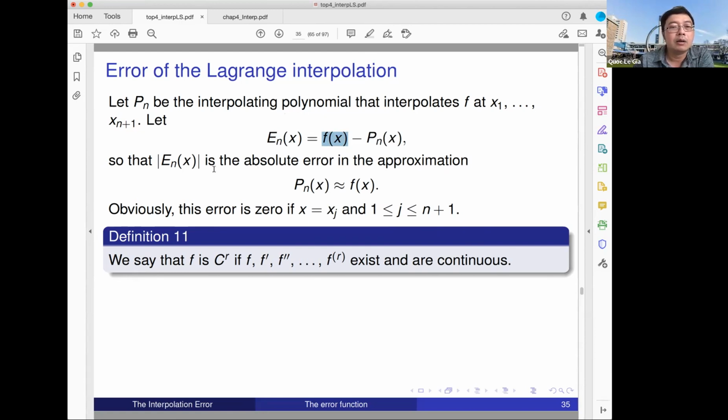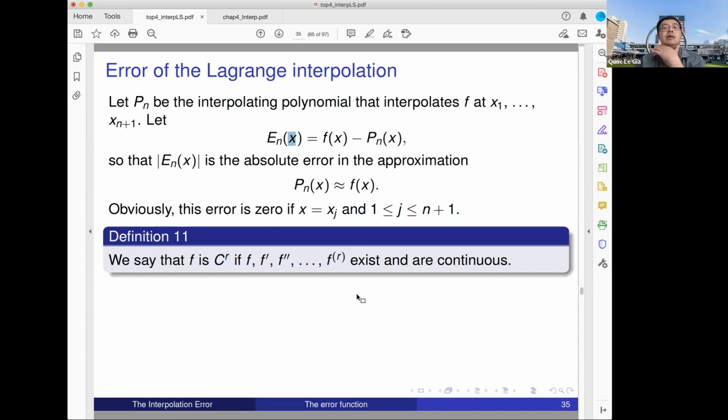If you can estimate En in absolute value, then you can approximate the error of the Lagrange interpolation. The error function has the property that if you put in x equal xj, then the error just equals 0. But at other points, you don't know. Okay, so now there's a theorem.